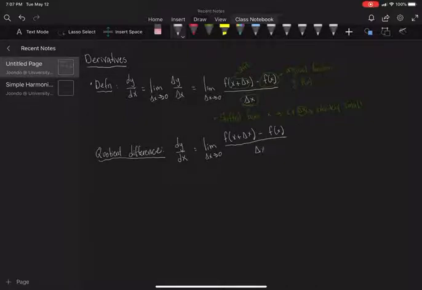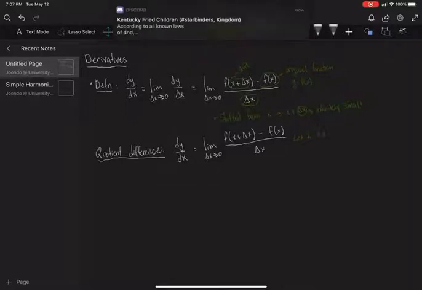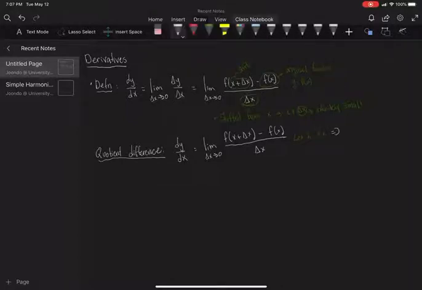And for simpler purposes, I'm going to let h be delta x, such that we get the limit as h tends to 0 of f of x plus h minus f of x over h.